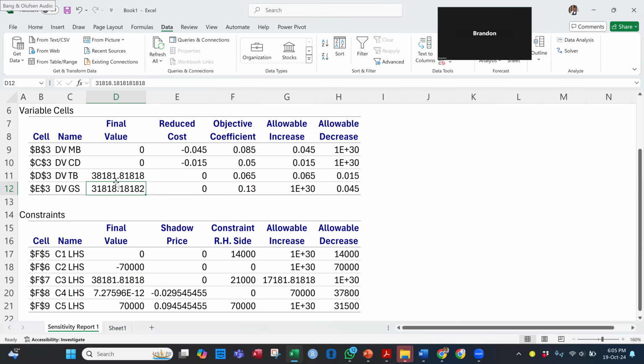What is GS? You knew I'd ask you what is GS. Growth stock. No, it's not growth stock. Fund. Growth stock fund. It's a growth stock fund.